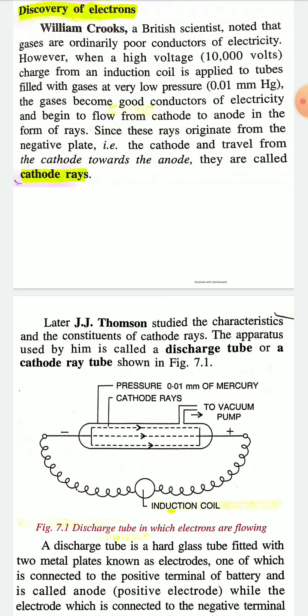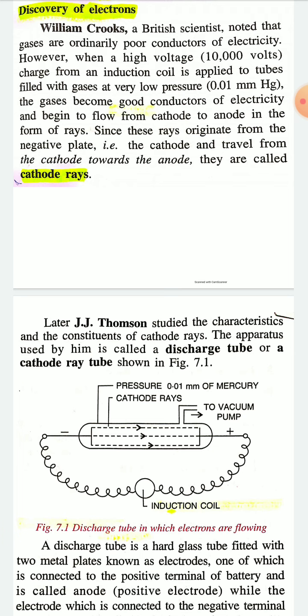This is a discharge tube. In this experiment, he found that a ray originated from the negative plate, that is the cathode, and traveled from the cathode towards the anode, and these rays are called cathode rays.